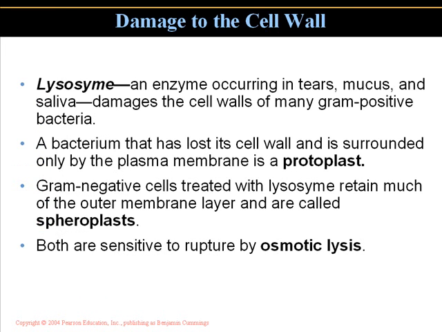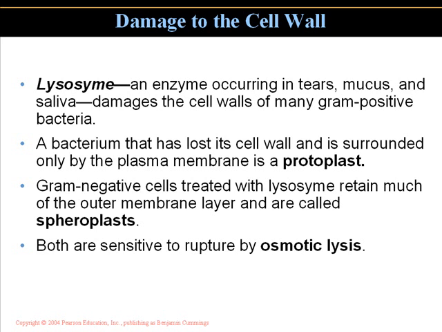Now, damage to cell walls. Lysozyme, an enzyme in tears, mucus, and saliva, damages cell walls in many gram-positive bacteria. If you recall, in A&P1 we went into detail about intracellular organelles.